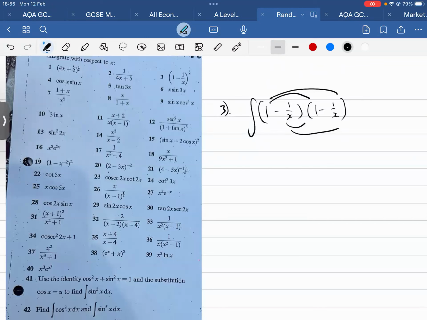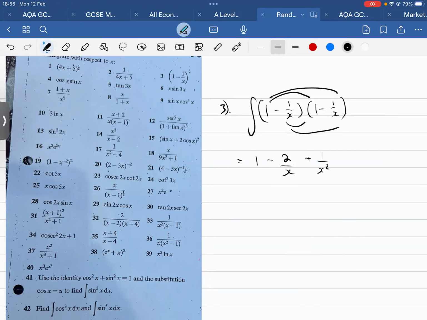If it's just a square, just expand the bracket. The first one is a power of a half. You can't expand that. But if it's just a power of squared, you can just expand it, right? So 1 minus 1/x minus 1/x, so 2/x, and then plus 1/x squared.